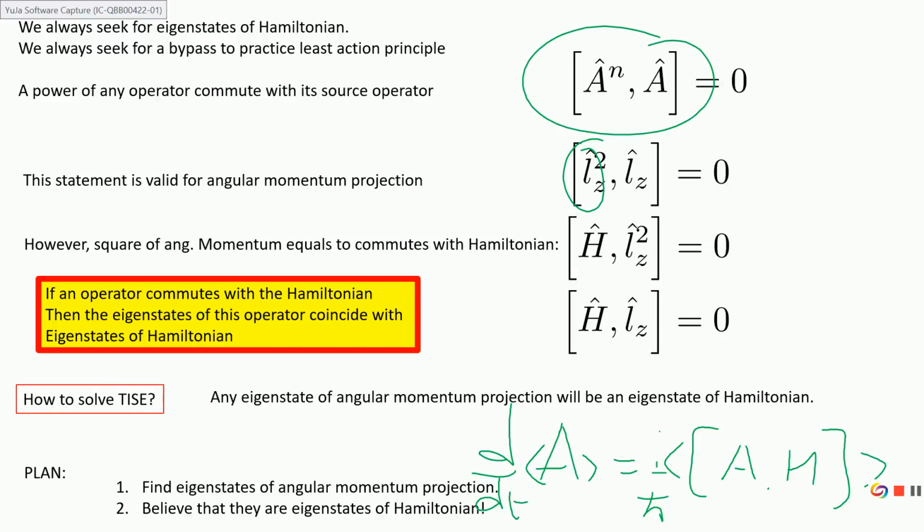Like if it is x, and this will be x squared, then it will be x cubed minus x cubed equals 0. If it is L sub z, the z projection of angular momentum, Lz squared and Lz will also commute.